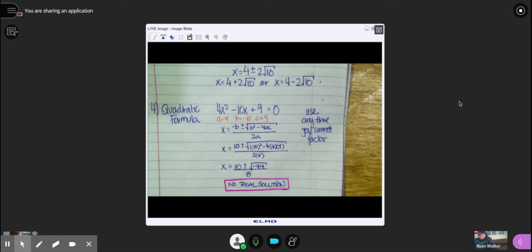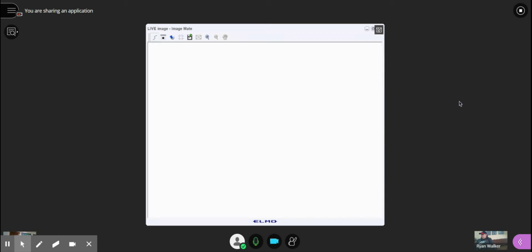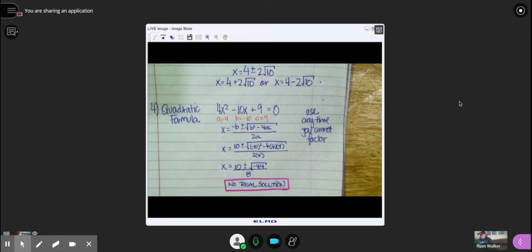So for many students, it becomes their go-to. Like it's the one that they use consistently. However, it can get overused. So be sure, particularly when it comes time for the test, that you're using the requested method. So if it says use factoring, make sure to go ahead and show me the work with factoring. That kind of thing.